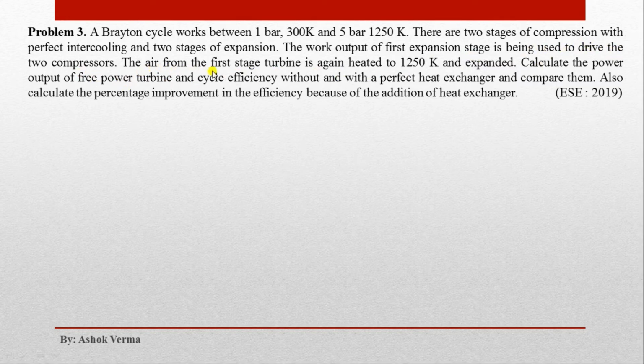The air from the first stage turbine is again heated to 1250 Kelvin and expanded. Calculate the power output of the power turbine and the cycle efficiency without and with a perfect heat exchanger, and compare them. Also calculate the percentage improvement in the efficiency because of the addition of the heat exchanger. Here the heat exchanger means the regenerator.